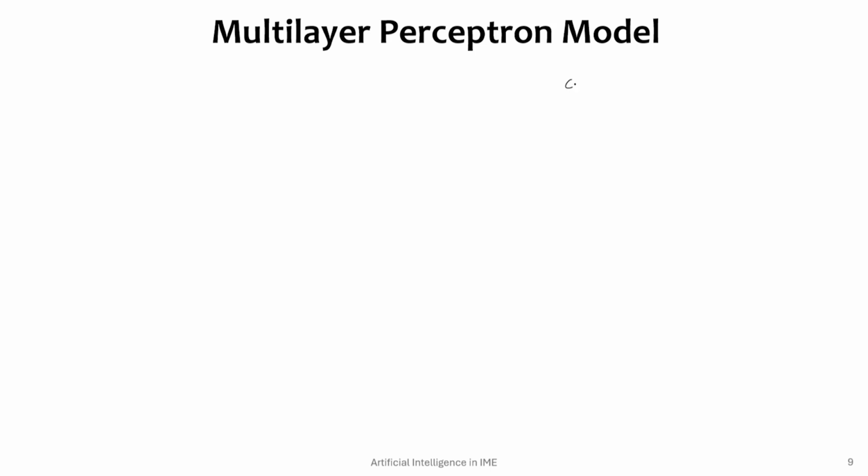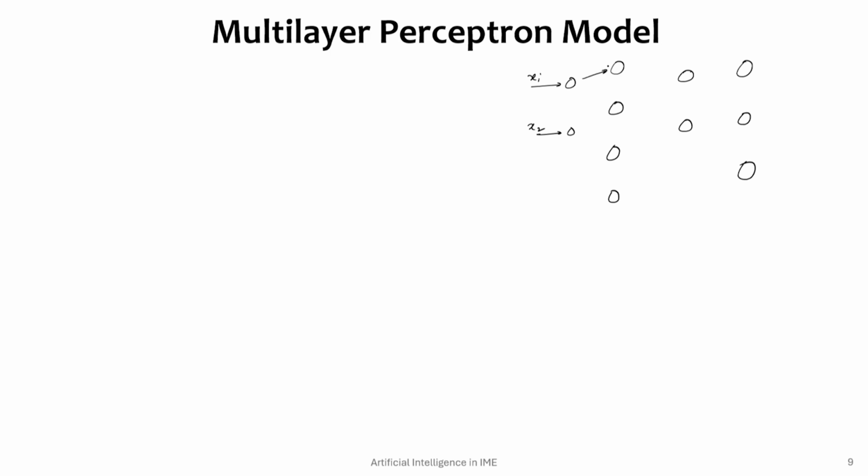So let's say we have two inputs, and let's assign 4 neurons, 1, 2, 3 and 4, in our first layer, okay, and only 2 neurons in our next layer, and finally 3 neurons in our last layer.